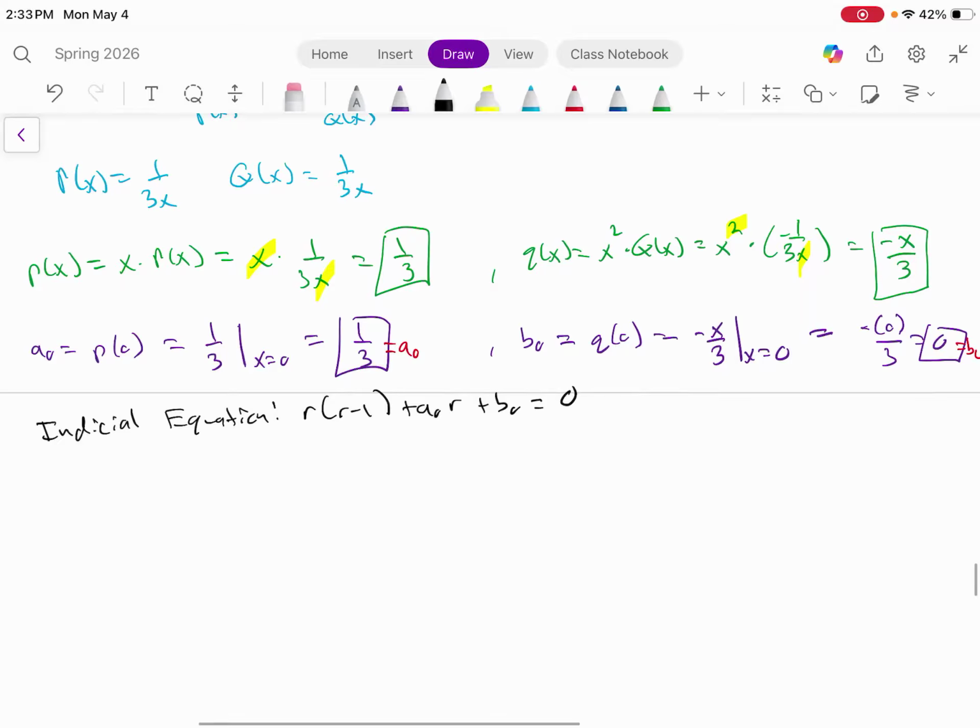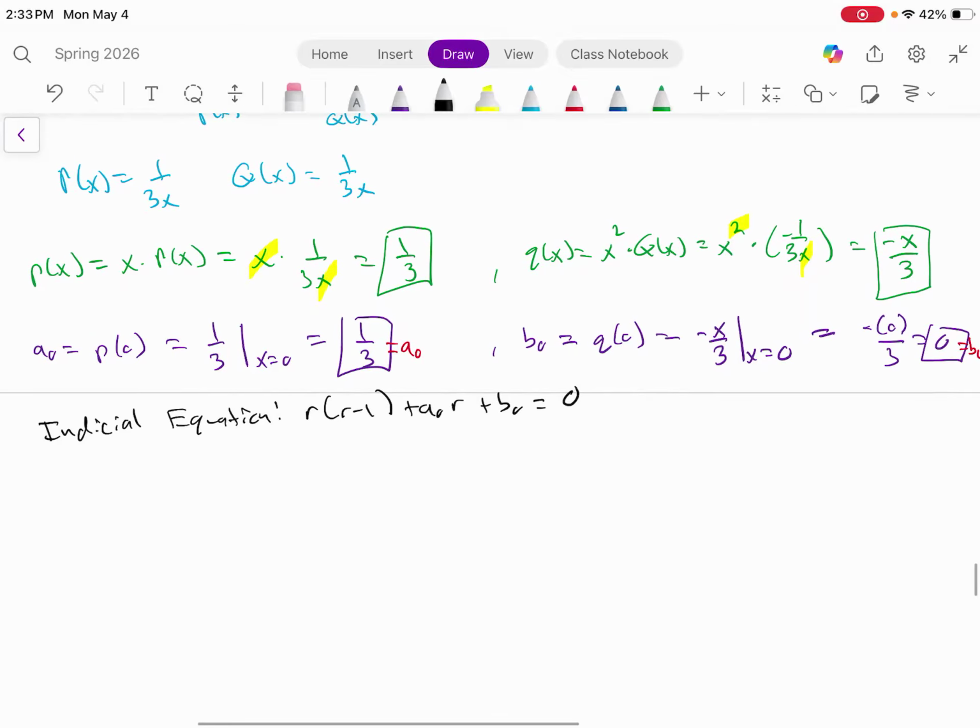So let's plug in a naught and b naught. This would be r times r minus 1 plus a naught, which is 1/3, times r plus 0 equals 0.